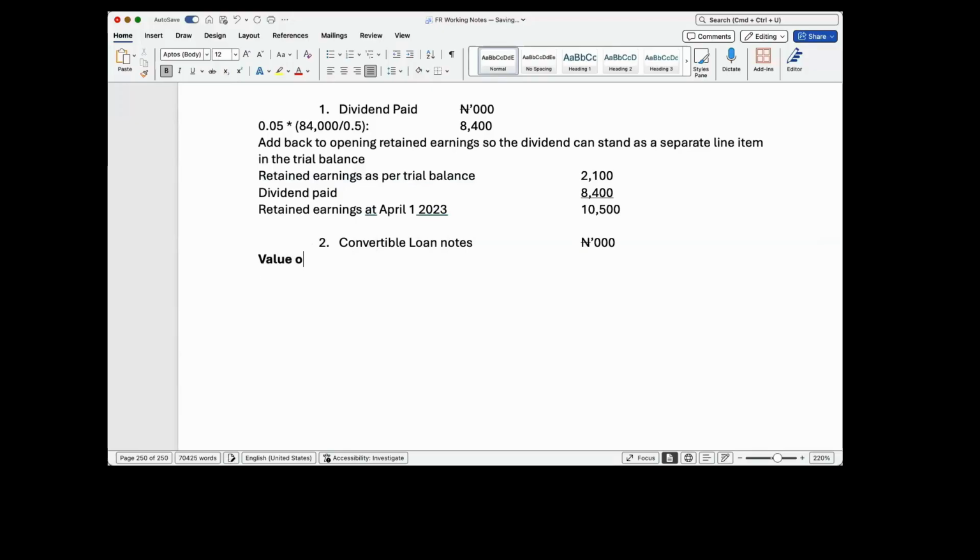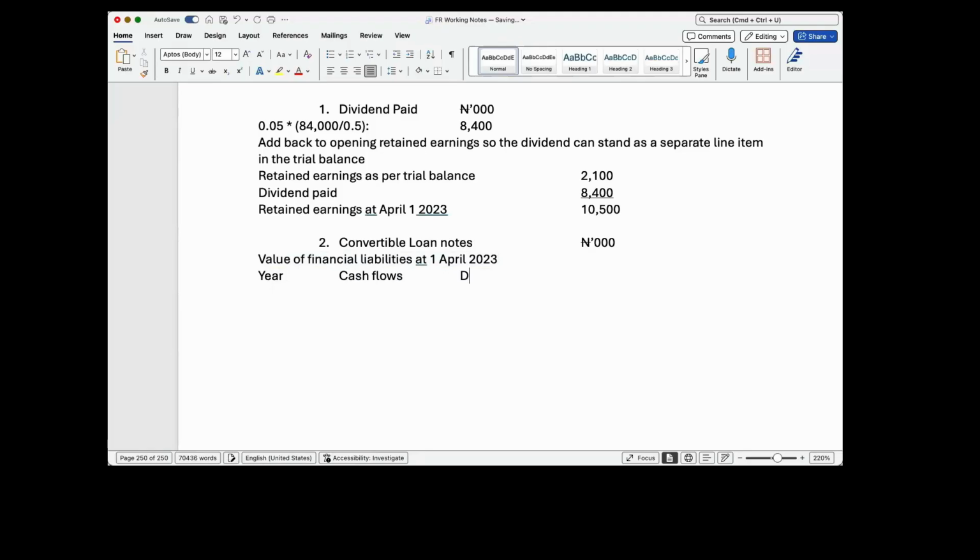So I need to get the value of the financial liability at the beginning of the year, which is 1st April 2023. And to do that, I will get the present value. So let's say these are my cash flows.